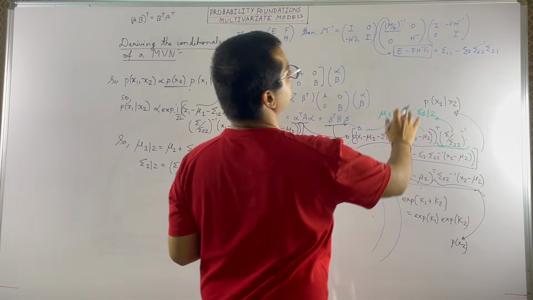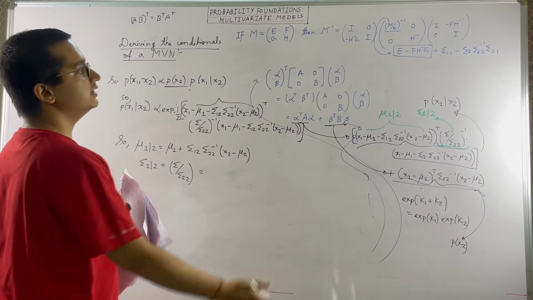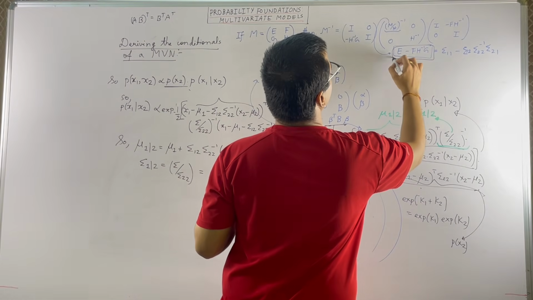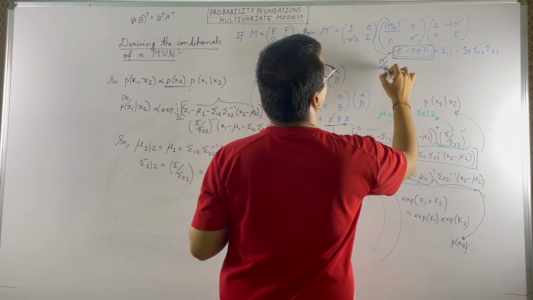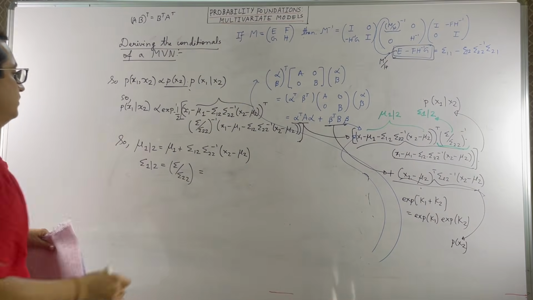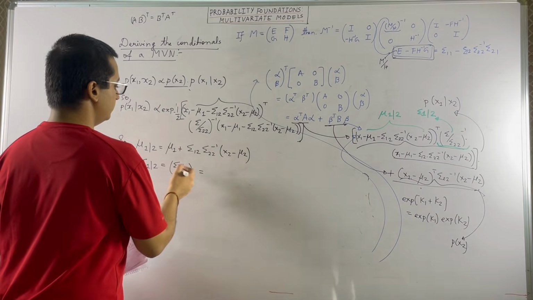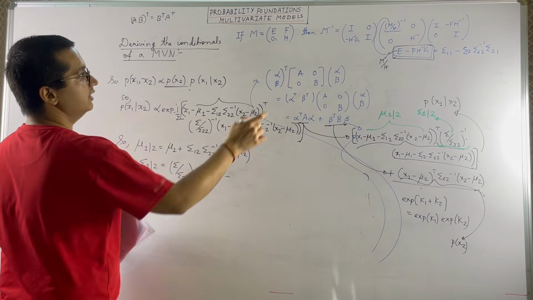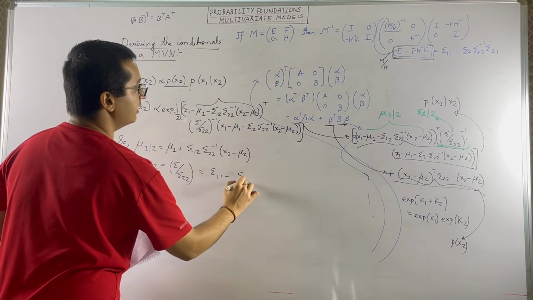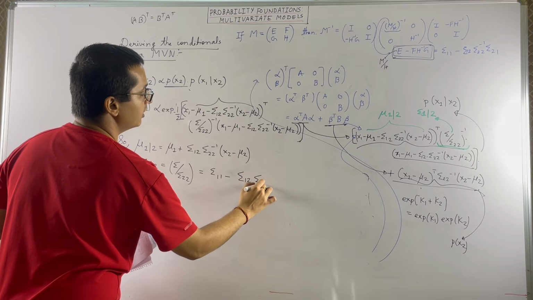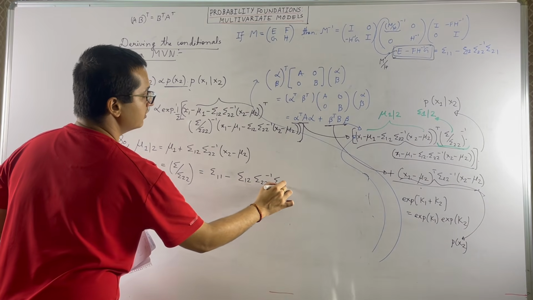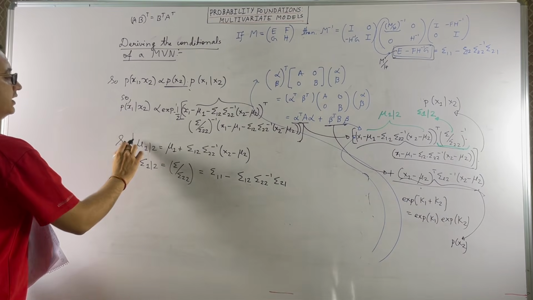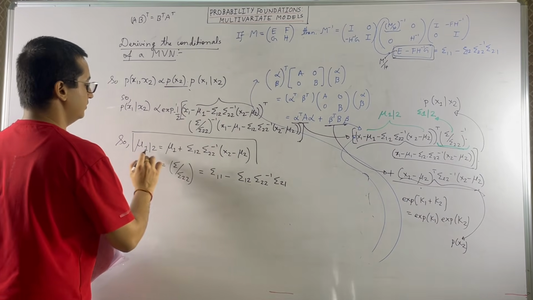M by H was E minus F H inverse G, this part. This is M by H, okay? And this thing is inverse, but that is M inverse. So sigma 1 given 2 is this: sigma 1 1, E is sigma 1 1, minus F is sigma 1 2, sigma 2 2 inverse sigma 2 1.